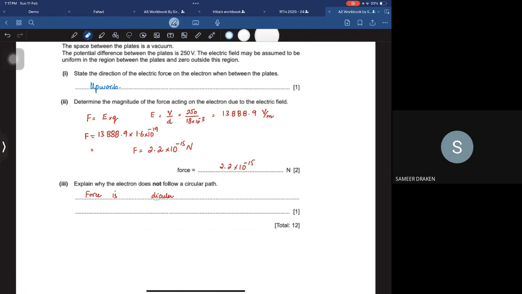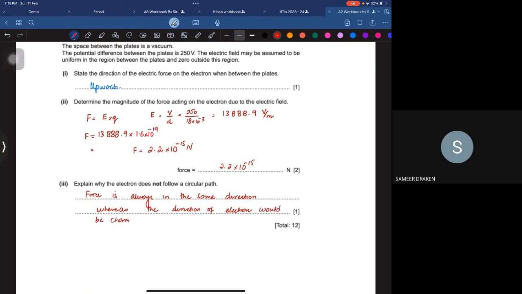Force, in fact, we'll write, is always in the same direction, whereas the direction of the electron would be changing. That's what you write.